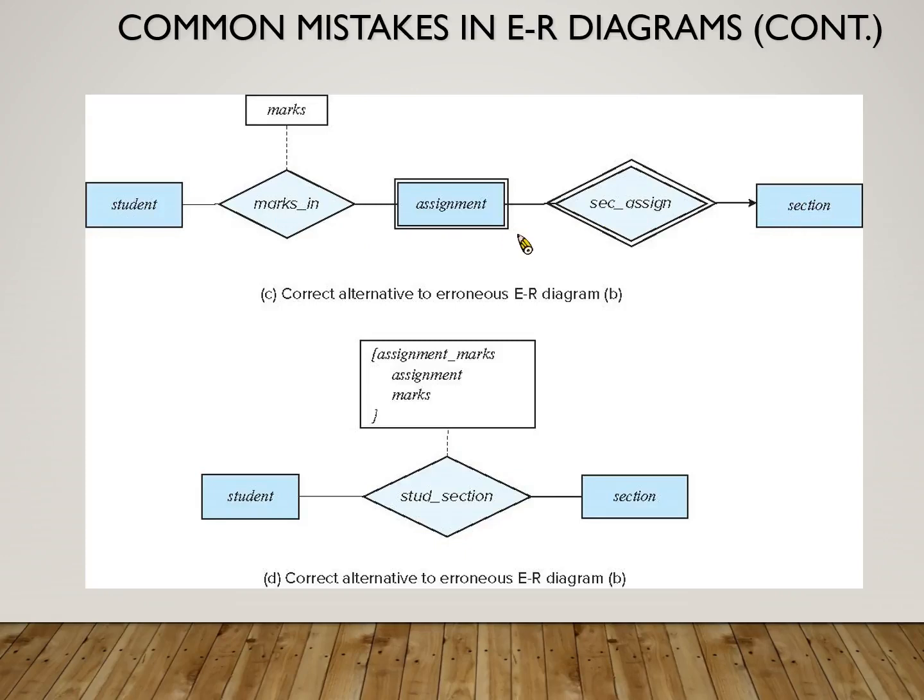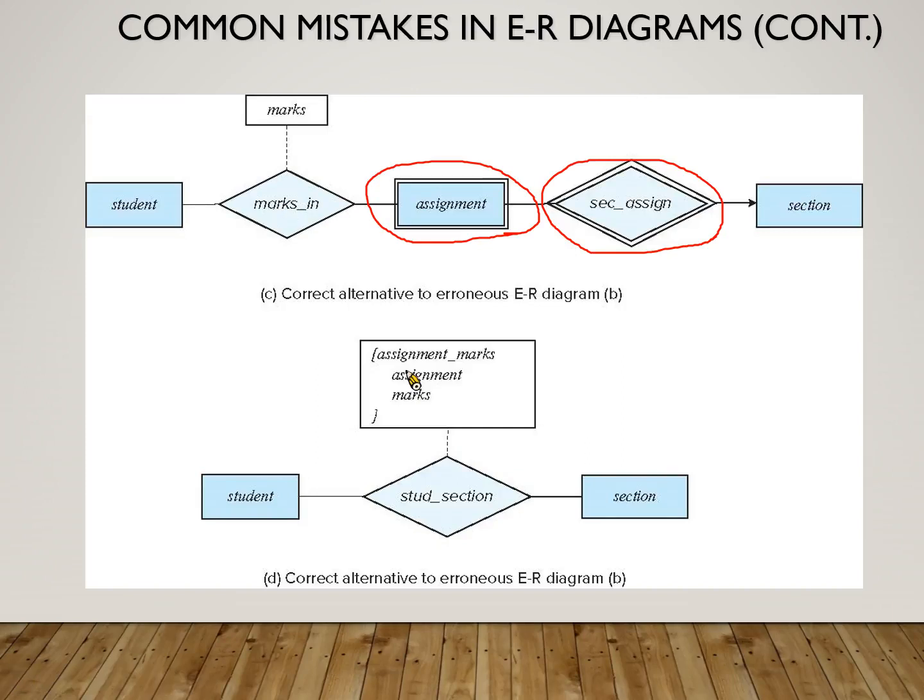And of course, since we transfer assignments into a weak entity set, we have to add a weak relationship here to connect assignments and its identifying strong entity sets. And here the attribute marks is left and belongs to the relationship to indicate the scores the students get in this assignment.